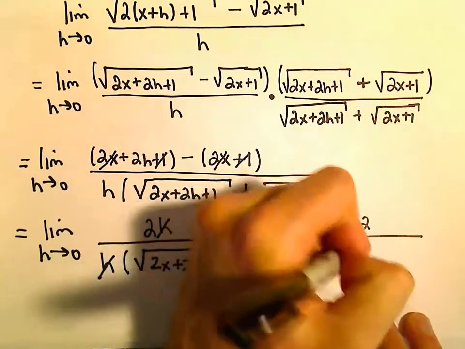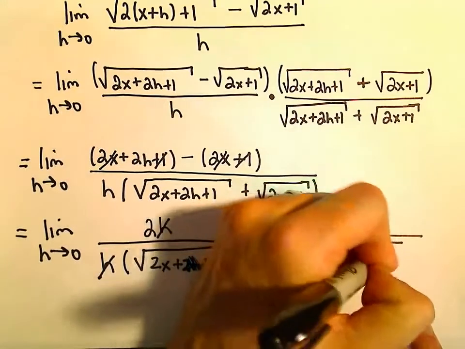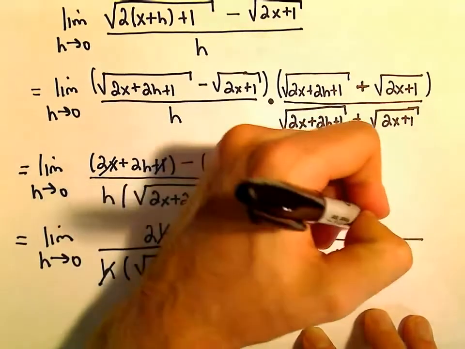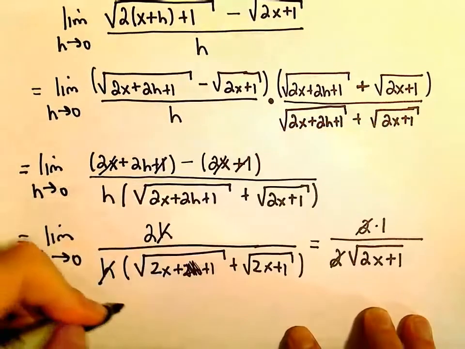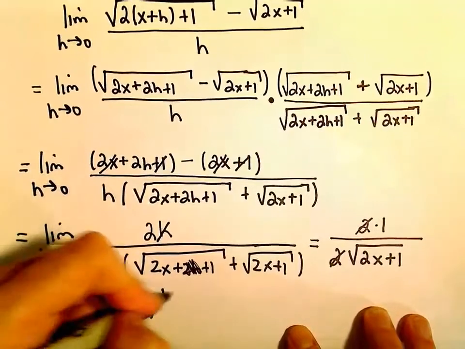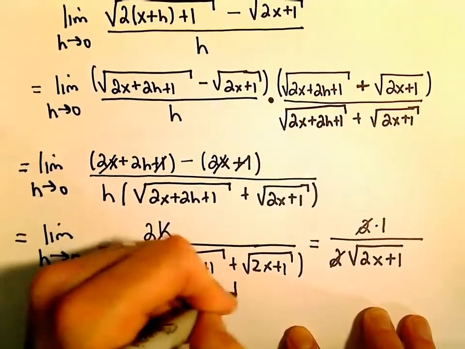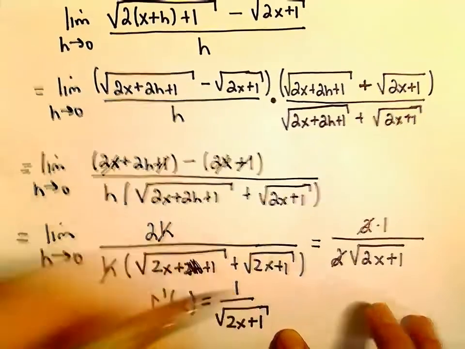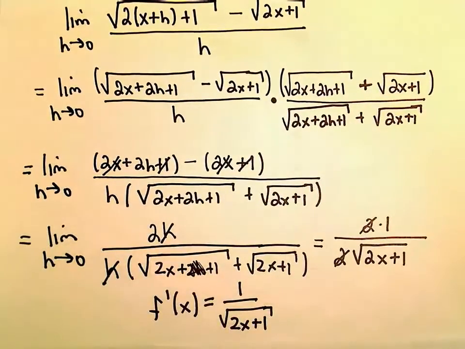That says we have 2 of those, so we have 2 times the square root of 2x plus 1. Last but not least, we can cancel out the 2's. So our derivative is just 1 over the square root of 2x plus 1.